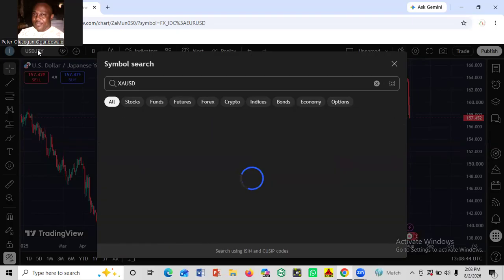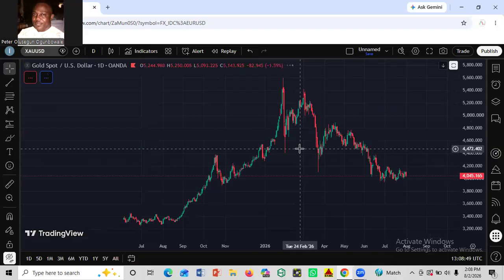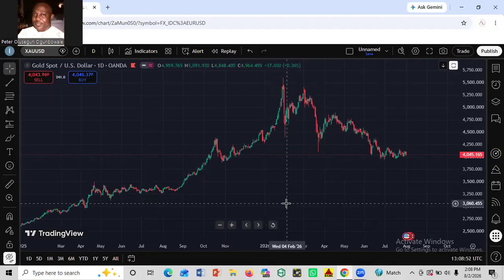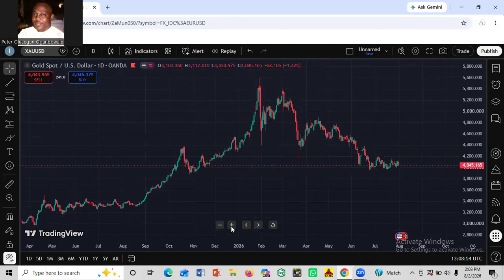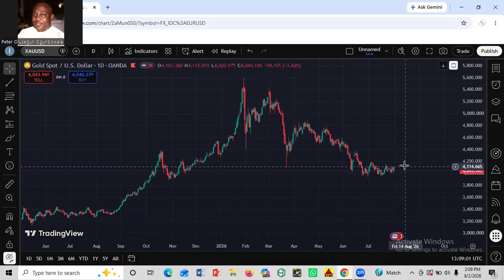Spot gold. So based on what every one of them has done, I still see that we saw a bullish move, and the dollar dropping massively. That seems not to affect gold that much.